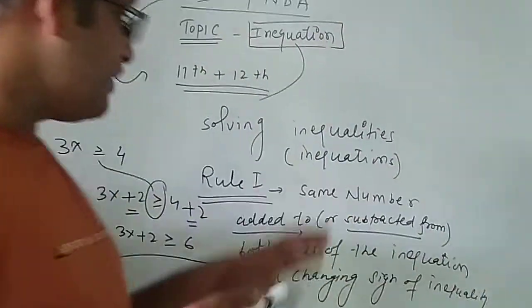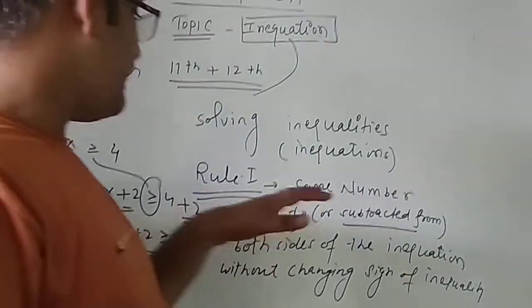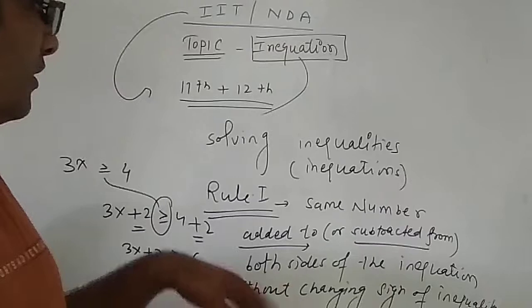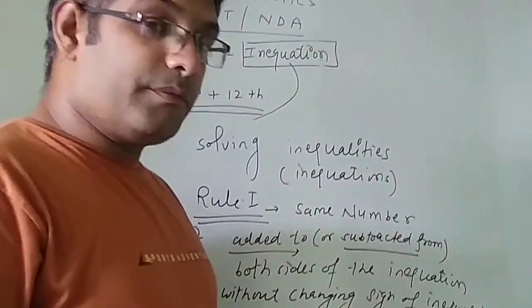Without changing the sign of inequality, we can add it to or subtract it from both sides of the inequation, and the sign of inequality remains the same.